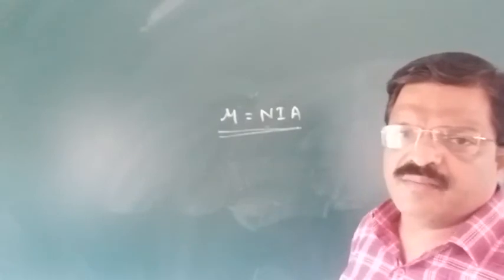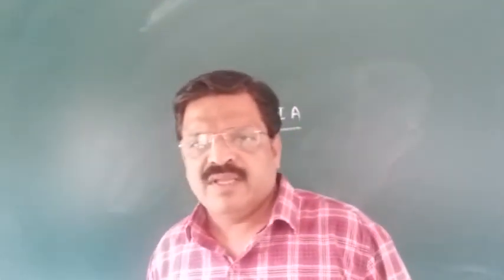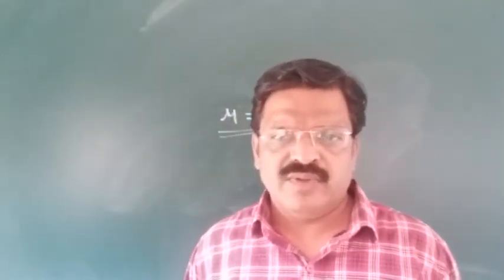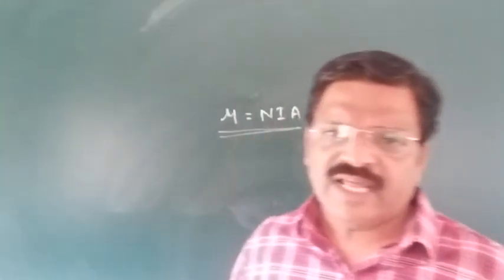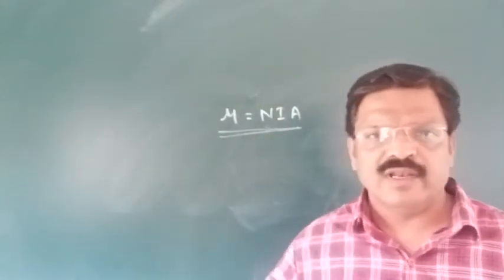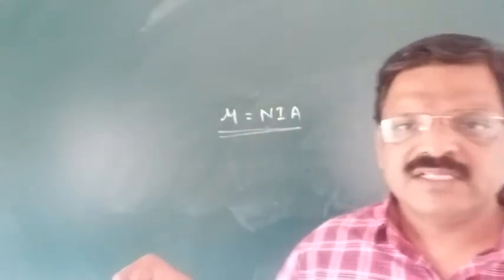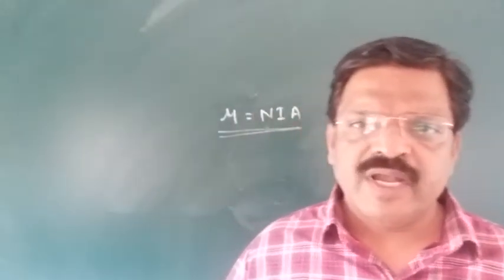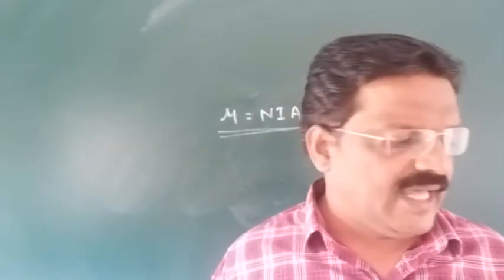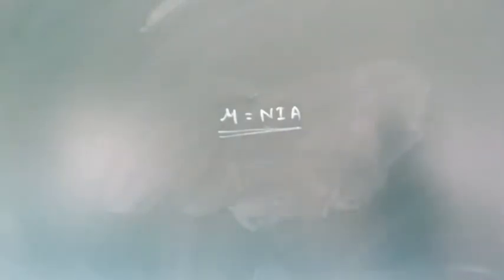Now the magnetic dipole moment will be in the direction perpendicular to the plane of the coil, and depending upon whether the current is clockwise or anti-clockwise, we decide the direction. The direction of mu is in the direction of n cap.